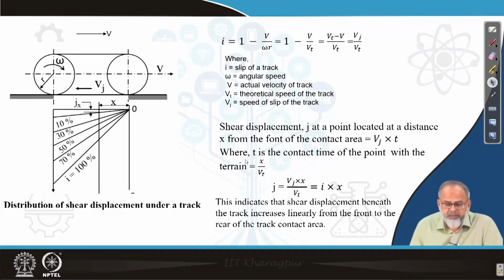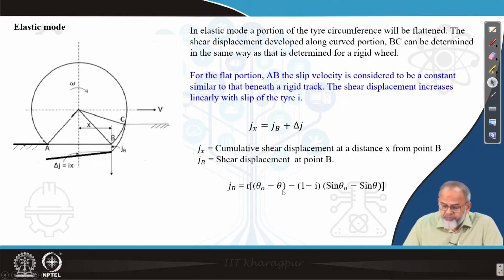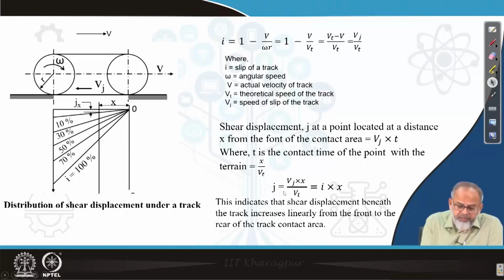So t is the duration for which the track is in contact with the soil, or the link is in contact with the soil. So now shear displacement will be equal to Vj by Vt into x, and Vj by Vt is nothing but your slip. So it is basically slip into the distance from the front end of the track.